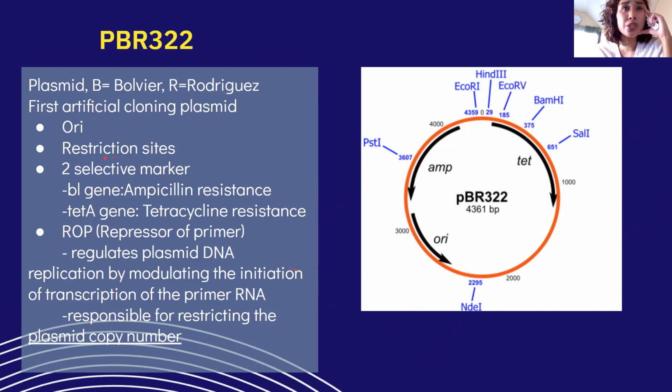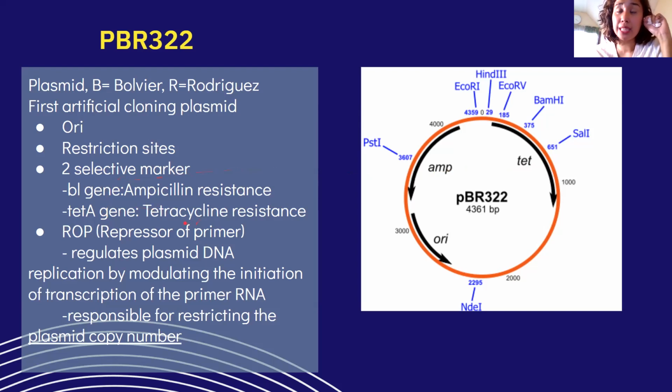So, may mga restriction sites yung pBR322, itong mga blue, na pwedeng gupitin, at merong dalawang selective marker. So, meron siyang ampicillin resistance at tetracycline resistance. So, it has a bla gene, beta-lactamase gene, and tetA gene. Hindi ko sure kung ano yung tetA gene.